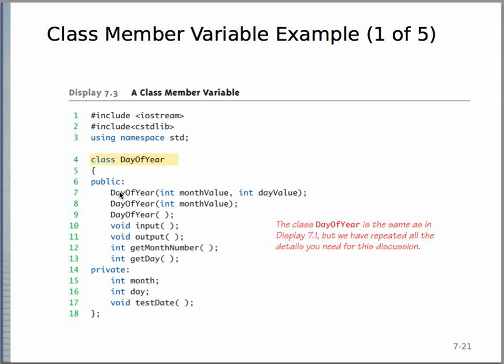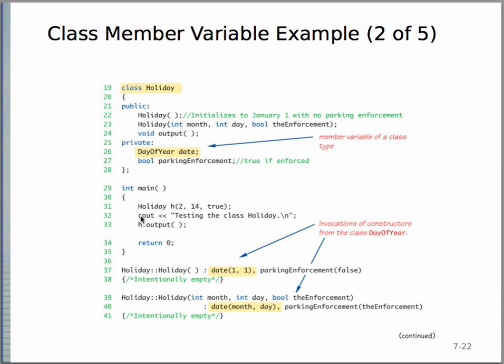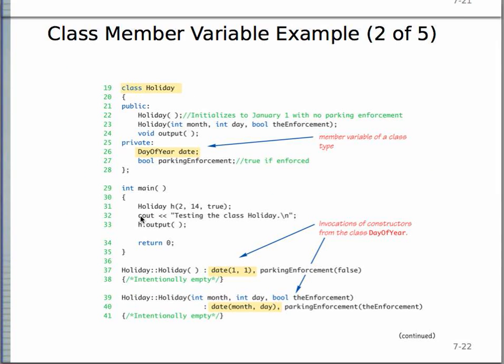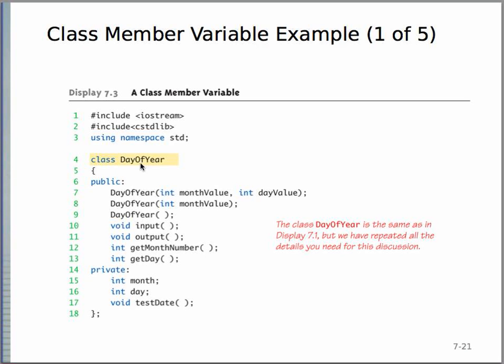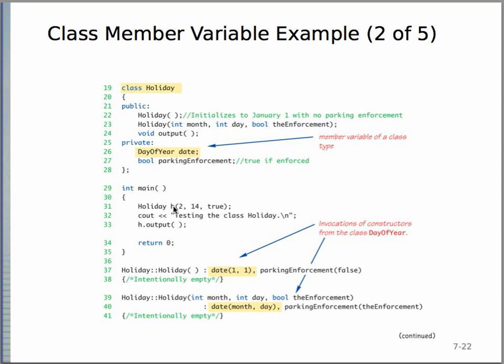So here's a simple example. We have a class member variable. You have a class DayOfYear, which has only int variables, and then you have a class Holiday, which has as a member object an instance of the DayOfYear class.